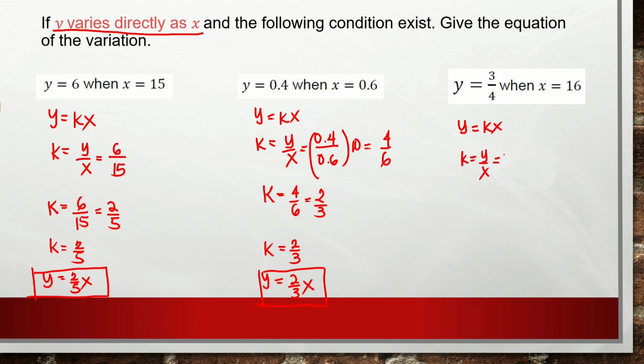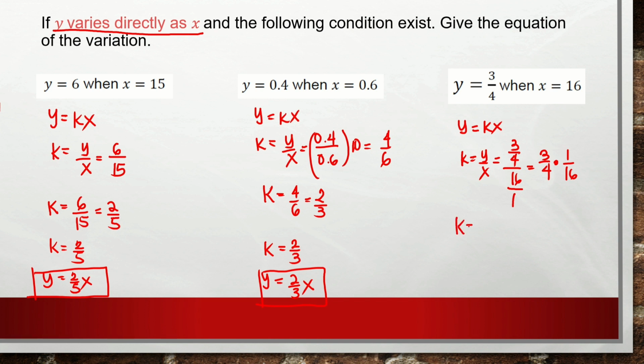So the value of our y is 3/4 and the value of our x is 16. So to solve for k here, we're going to get the reciprocal of that denominator. So that's 16 all over 1. We now have 3/4 multiplied by 1 all over 16. Since we get the reciprocal of the denominator and we proceed with multiplication.